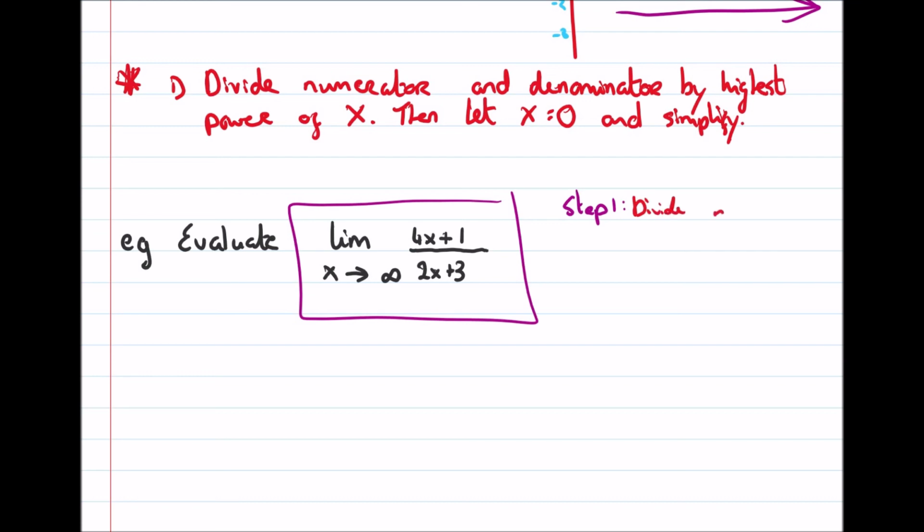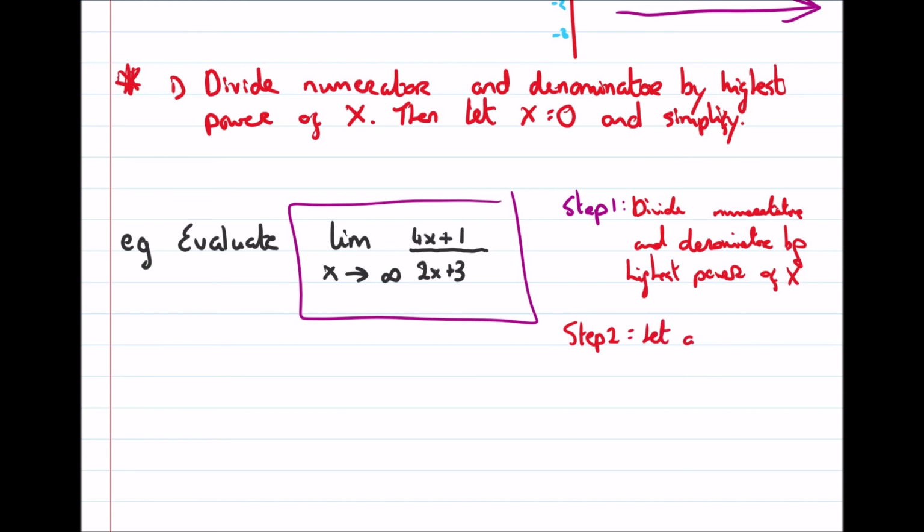Divide numerator and denominator by highest power of x. And then step 2, let all x's equal 0, or in other words, get the limit as x approaches 0. It'll make sense when I do it.